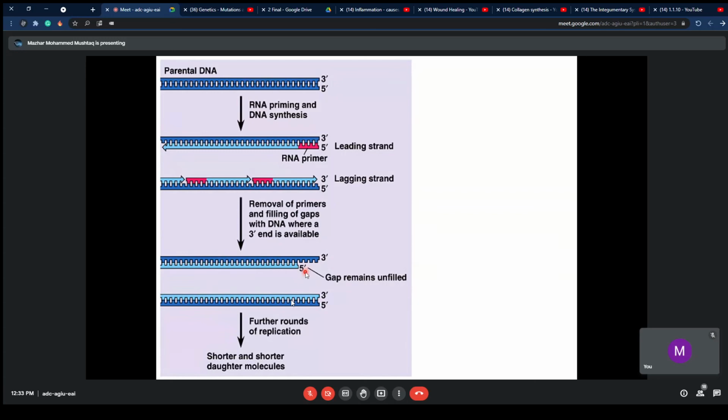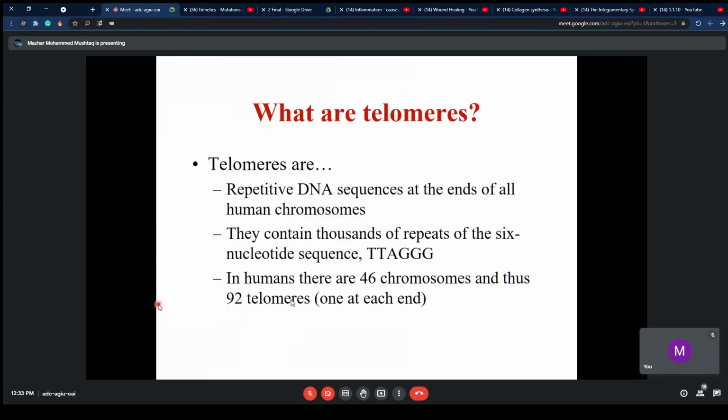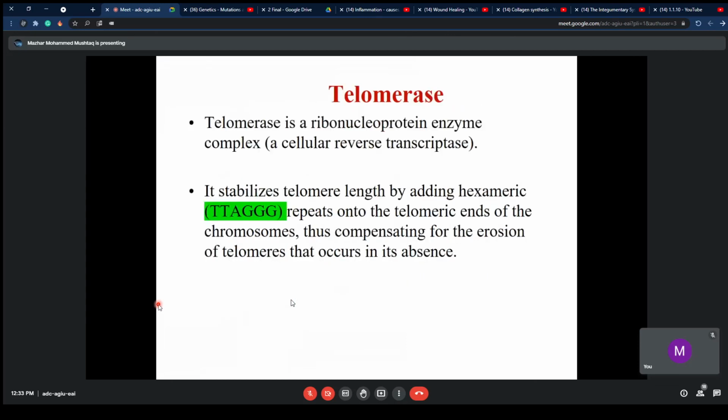It will happen on this side also, and on this side also. So telomere is the sequence. Telomerase is the enzyme. It is a ribonucleoprotein enzyme. Remember that. Just like the ribosome, it has a protein part and it has RNA also. So this is the enzyme.